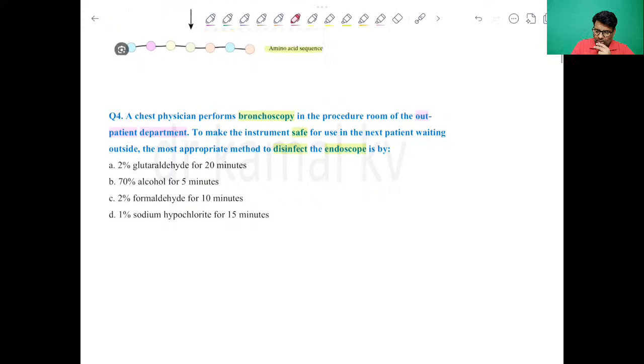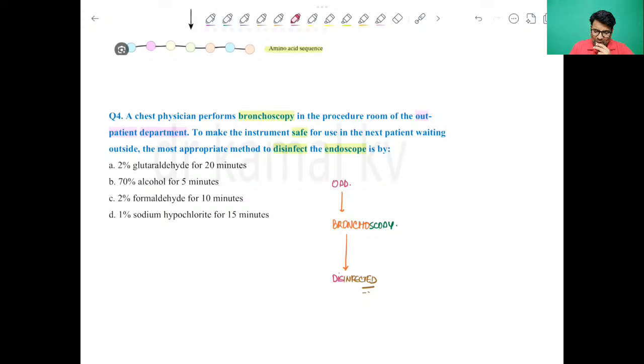So here in an OPD setup, the doctor is performing bronchoscopy. Clear? So he is performing bronchoscopy, and yes, it has to be used again and again. So between two patients it has to be disinfected. So what is the best agent to disinfect the instrument before using it on the next patient?